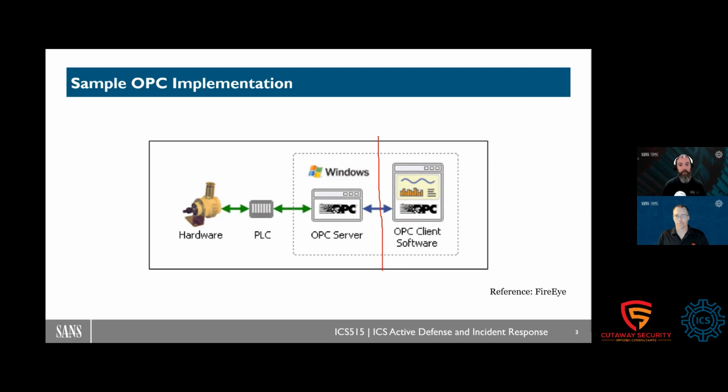Excellent. Well, I appreciate the starting of the breakdown of OPC. Certainly, I can only imagine that there is so much more to understand about this. But the way you talked about the expectation of what's going to be communicating within the control environments, how it's going to be communicating, the fact that you're going to see different implementations, both the older, probably less secure version because of legacy issues.